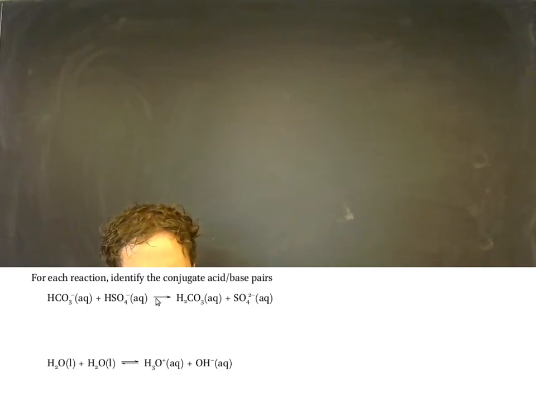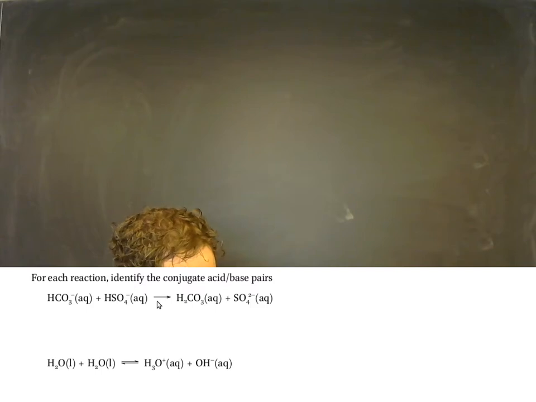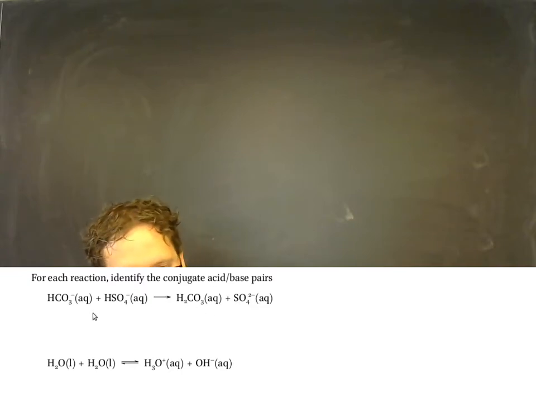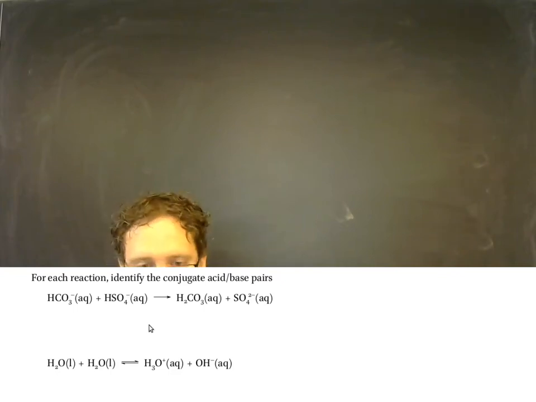Even if it's not written as a reversible reaction, we can still consider the hypothetical scenario of if this did go in reverse, how would a hydrogen be transferred in order to identify the conjugate acids and bases. Okay, so let's look at this one.